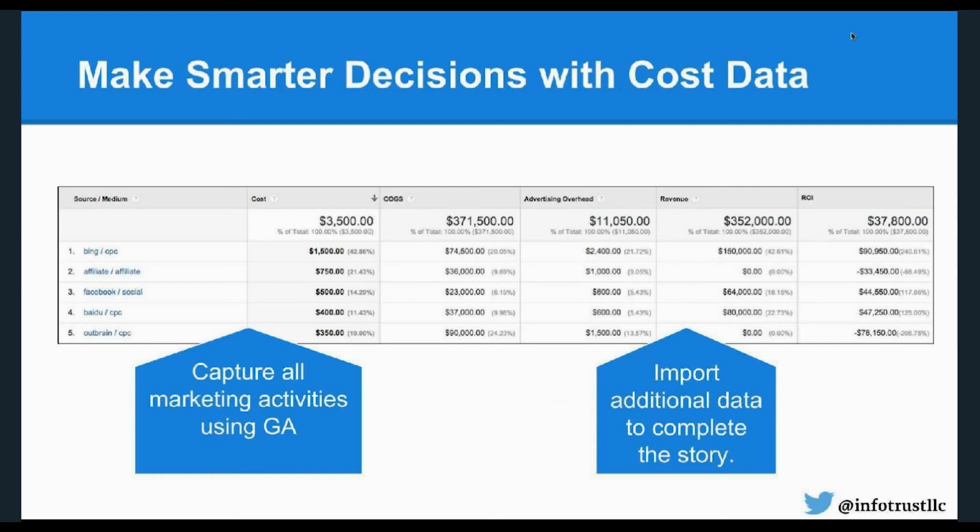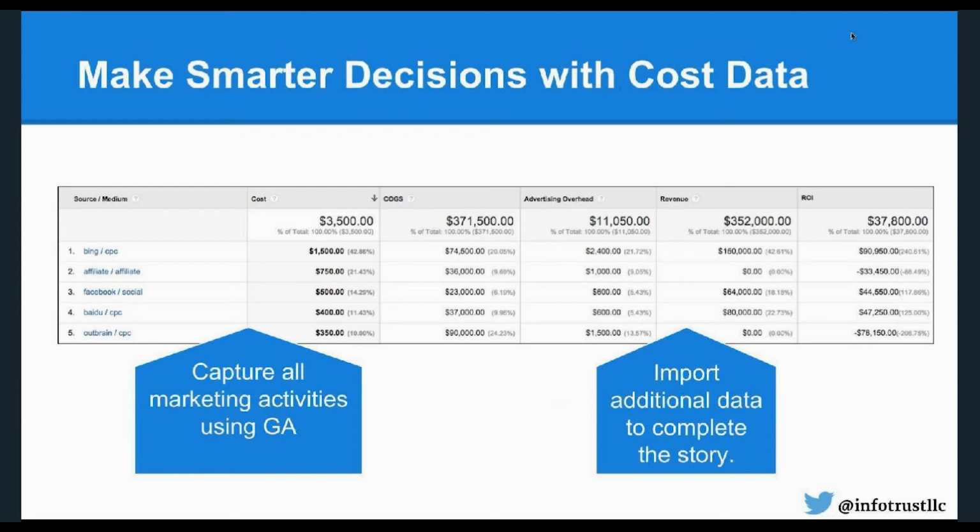But what if we don't advertise just on AdWords? What if we are an international company and advertise on search engines like Baidu, or on tools like Outbrain or Facebook or even Bing? And the question is, how do we bring in that cost data into Google Analytics?